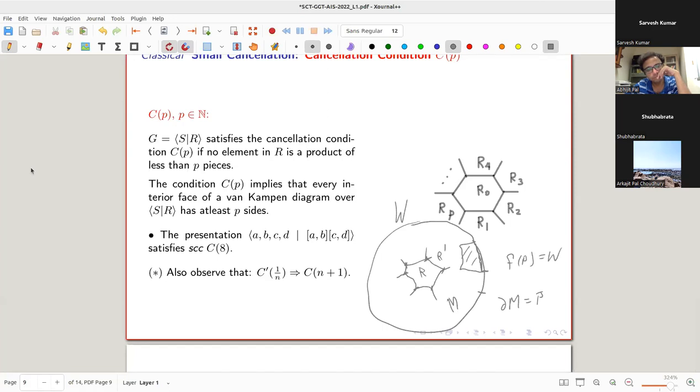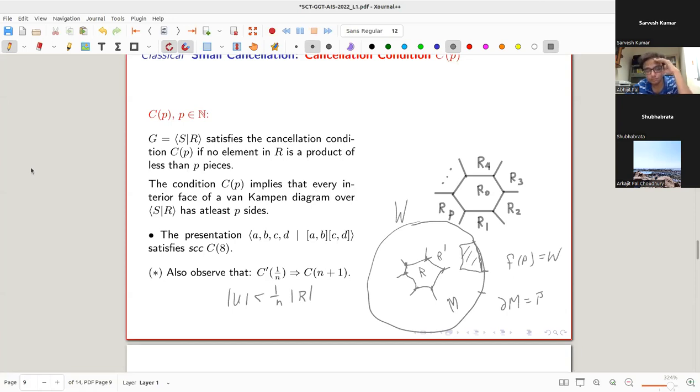So now what you can say is that if your pieces are less than 1/n of R, that means if you want to write down R as a product of pieces, suppose you have an interior face like this, how many of them will you need?